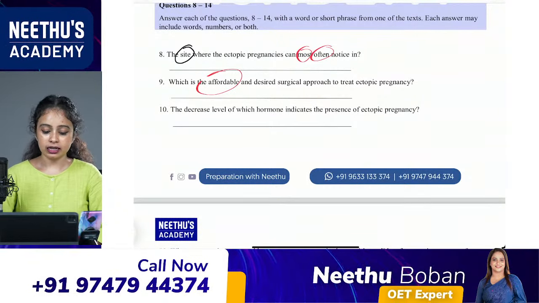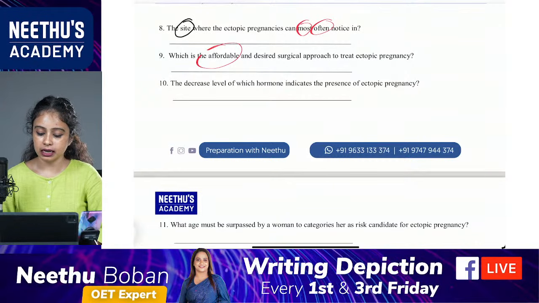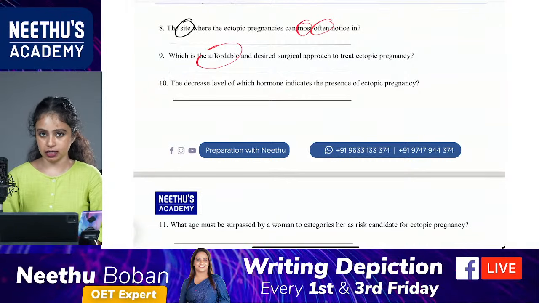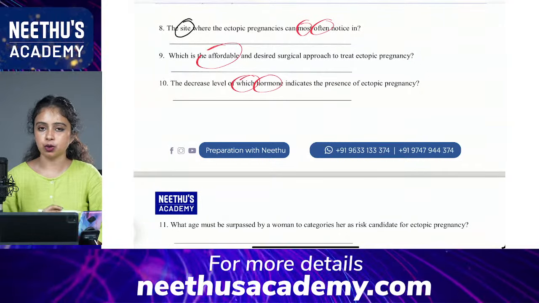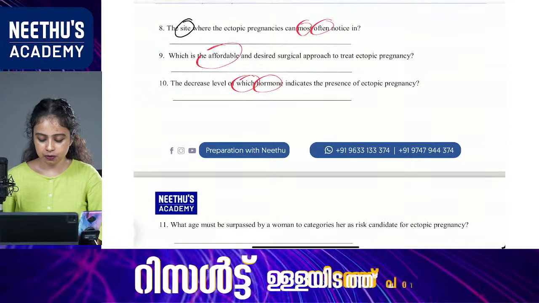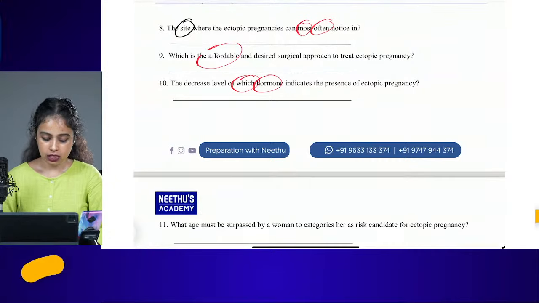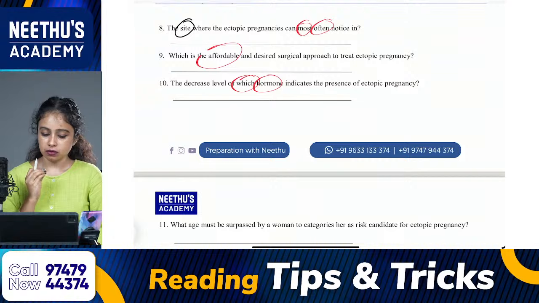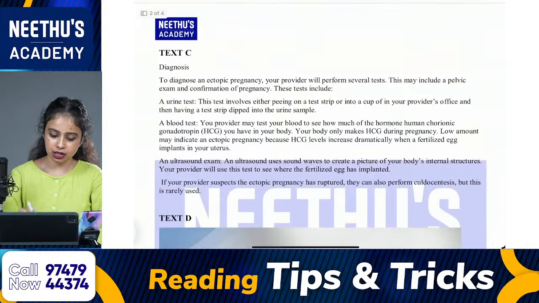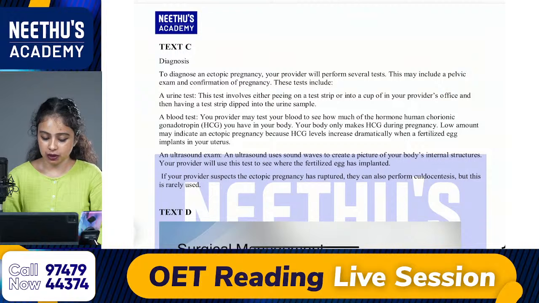Okay. Then the 10th one, the decreased level of which hormone indicates the presence of ectopic pregnancy? The decreased level of which hormone? So what is the name of the hormone? Which hormone? Any idea? Indicates the presence of ectopic pregnancy. So that is quite a lengthy answer, but still that abbreviation is already mentioned here in text C, so you can write the abbreviation HCG.